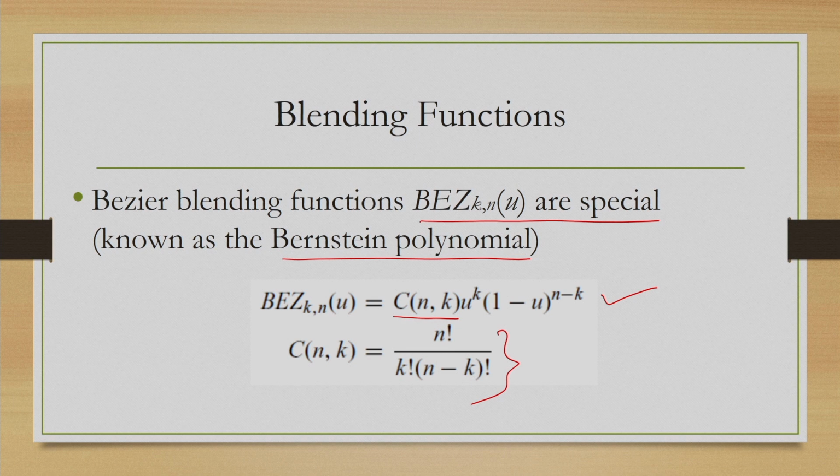So, Bezier curves we can represent using blending functions, where the blending functions are called Bernstein polynomials, which take the form shown here in this first line, where the term C(n, k) is shown in the second line.